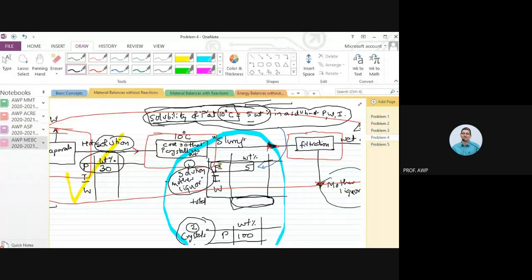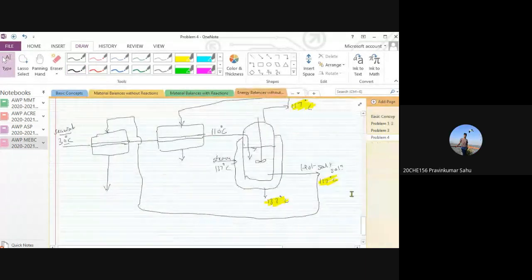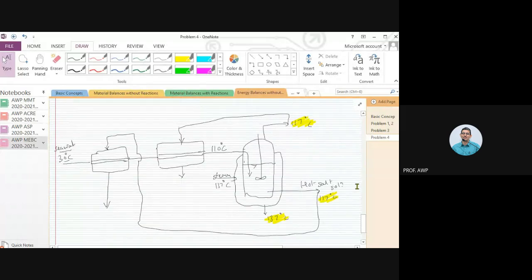Can we go to energy balances? Sure, sir. Right. Now, look at all the possible hot sources that I have. I have one hot source, 117 degrees centigrade water vapor. I have another hot source, 117 degrees salt solution. I have another hot source, 137 degrees water. Can I not use all of this?